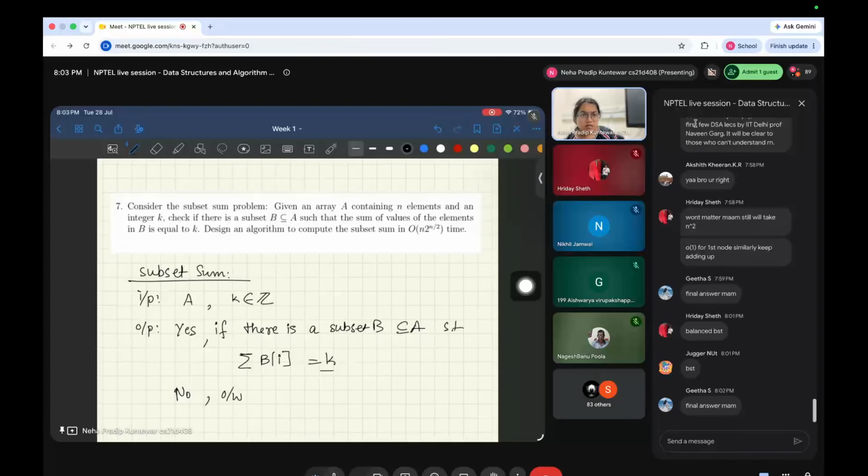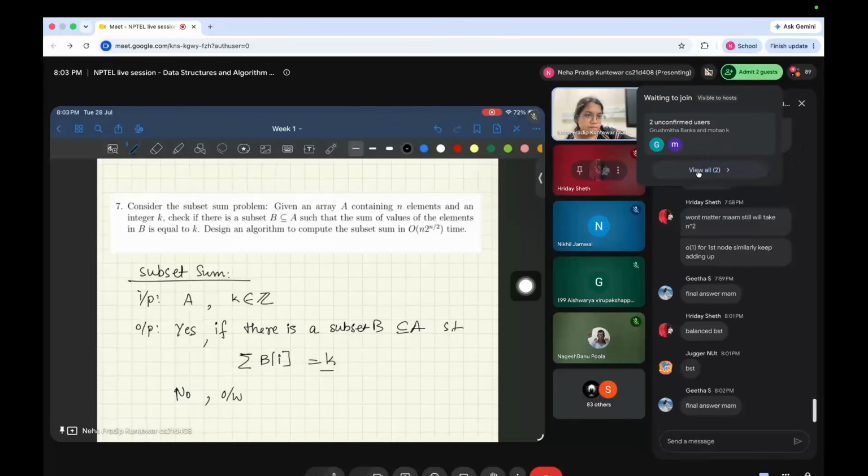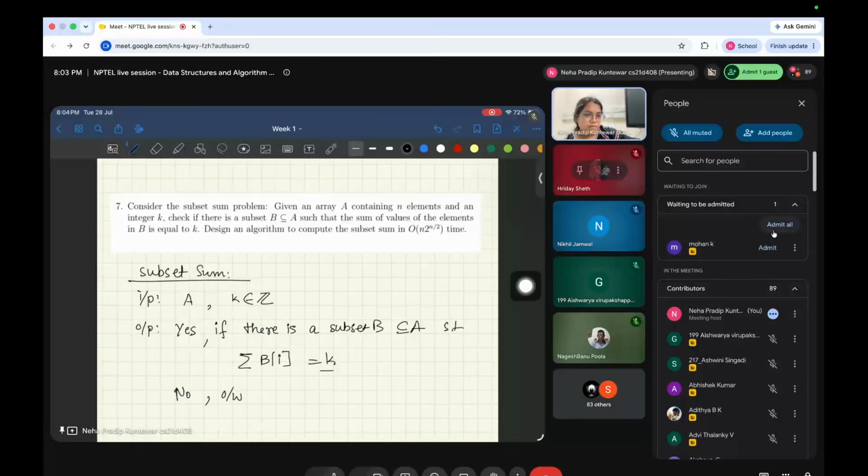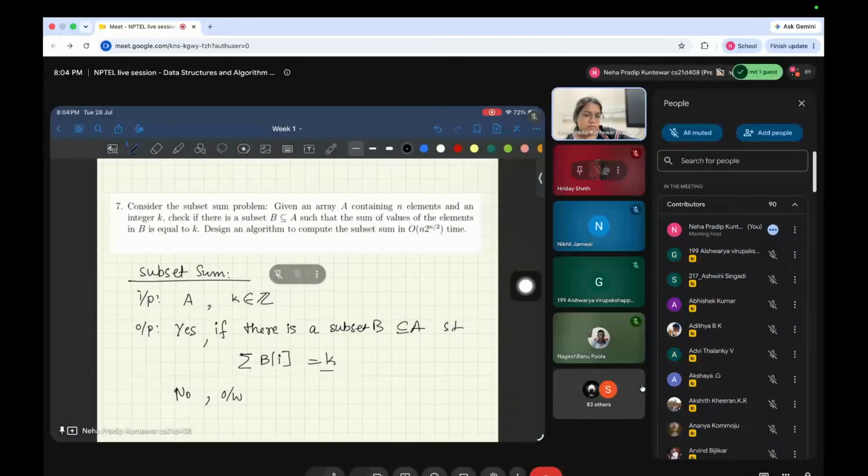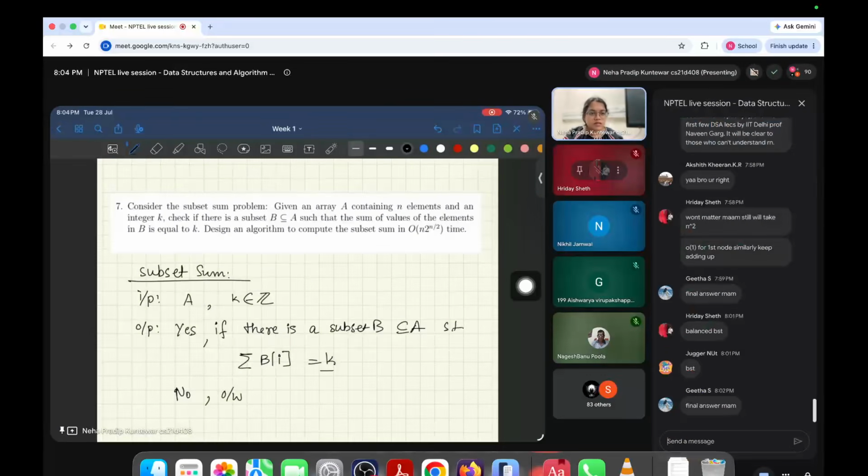So this is a problem that you must have seen earlier. What is a brute force strategy for doing this? Like a very rough estimate.